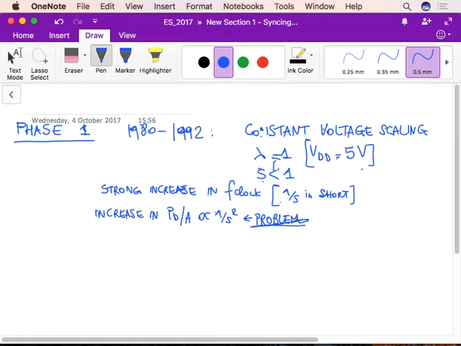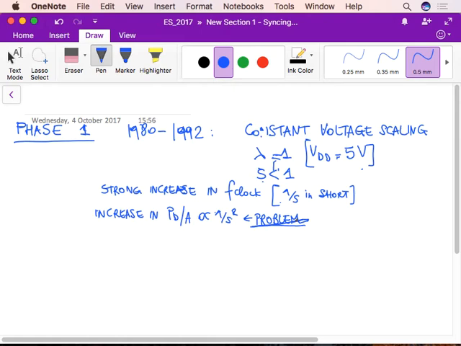So in practice the area of the chip does not decrease, and you have a power dissipation which is increasing a lot. You have much better performance, but at the same time a strong increase in the power consumption of the whole chip. And this is, of course, a problem.